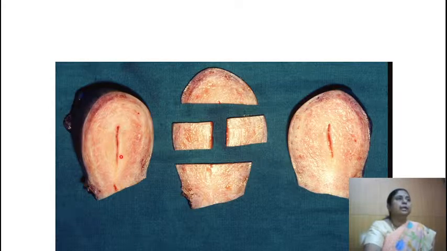Your uterine cavity is just a slit-like space, and this is your myometrium. Okay, so your uterine cavity looks like this. And this small, thin, shiny portion is your endometrium, this side and that side, and this is your myometrium.